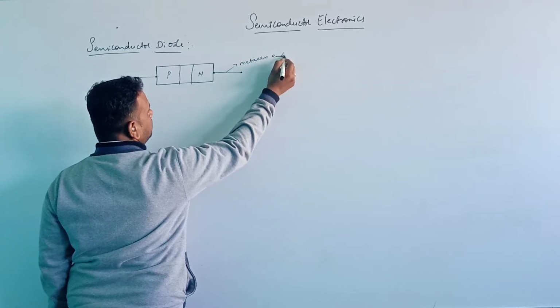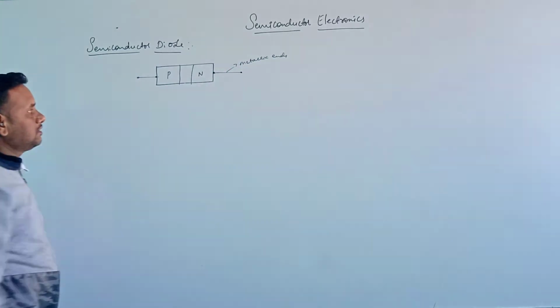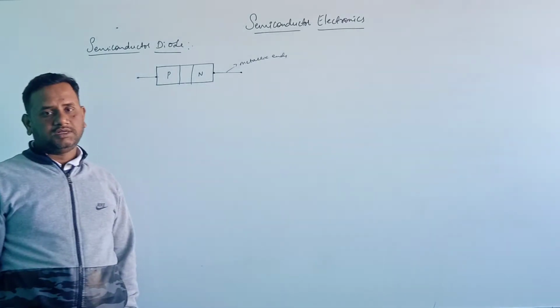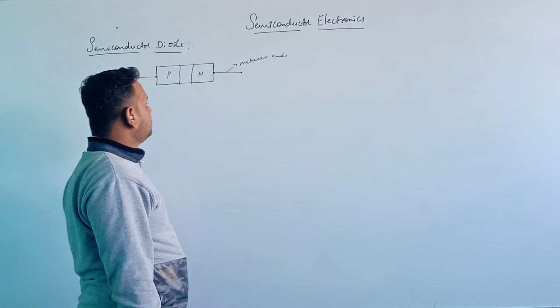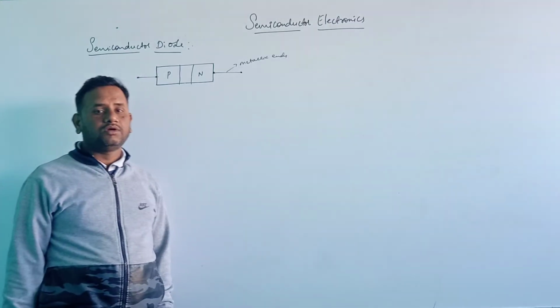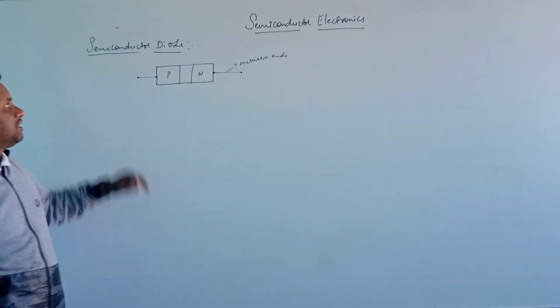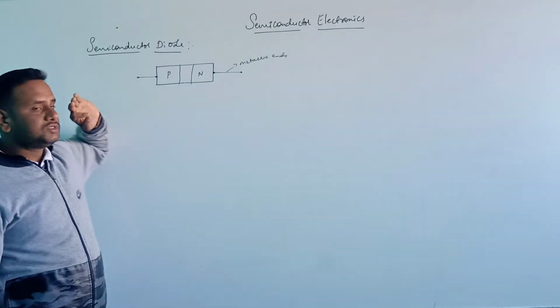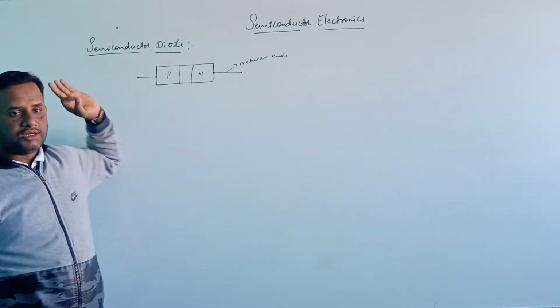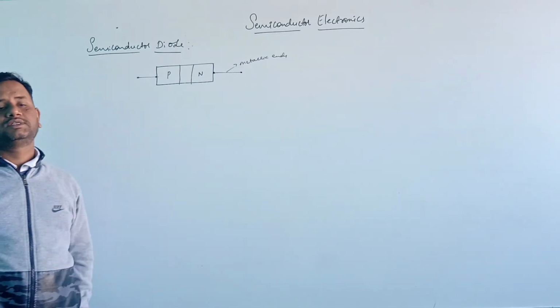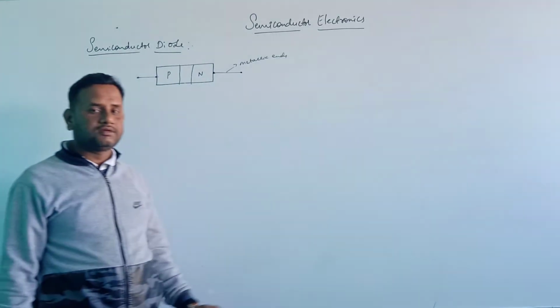So this is called the semiconductor diode. It is also called a PN junction diode.